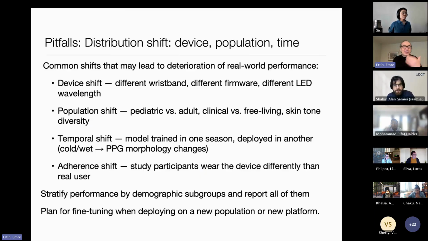Maybe they didn't capture all the variability in the device space, and therefore you might be subject to device shift. There could be population shift. Maybe our particular population, say school-age children, is quite different from what they trained with. So of course we're going to suffer from that.